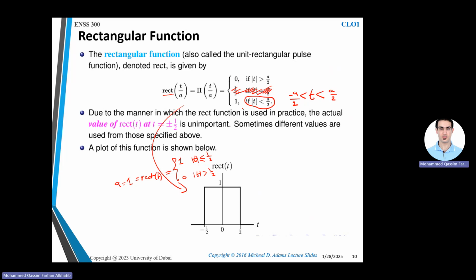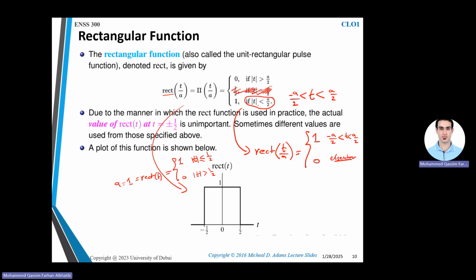So another way to rewrite this expression: rect of t over a equals 1 for negative a over 2 less than t less than a over 2, and 0 elsewhere.